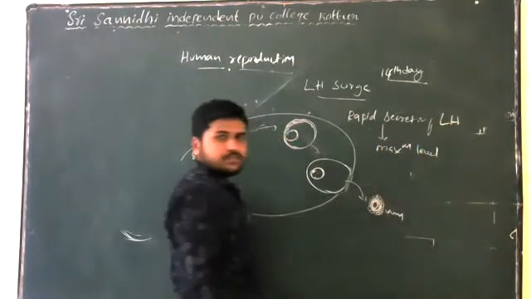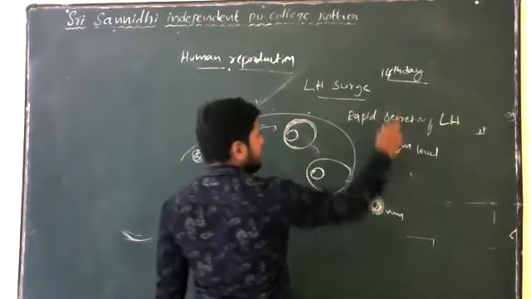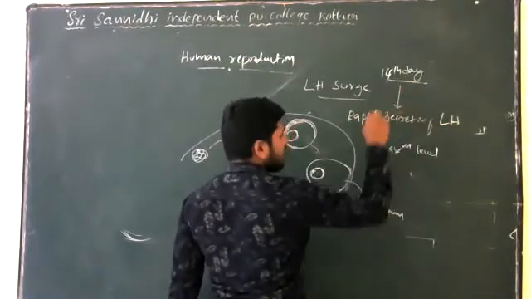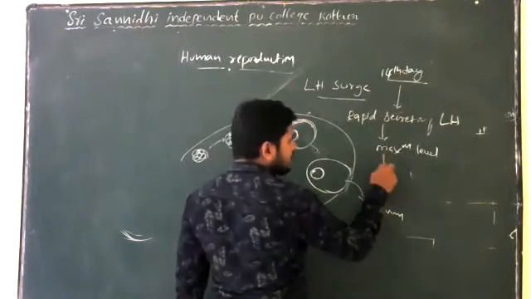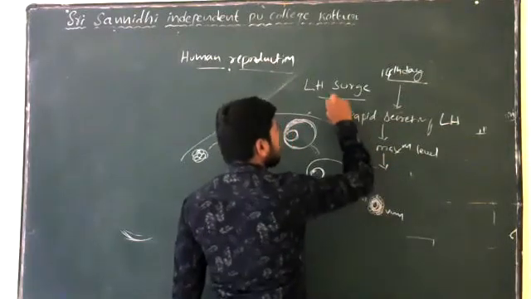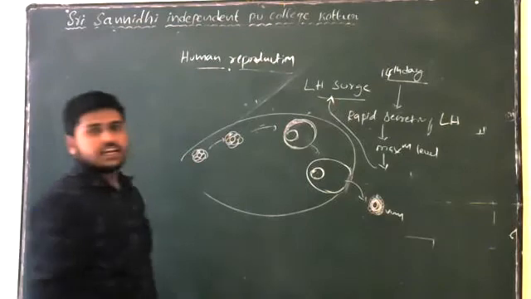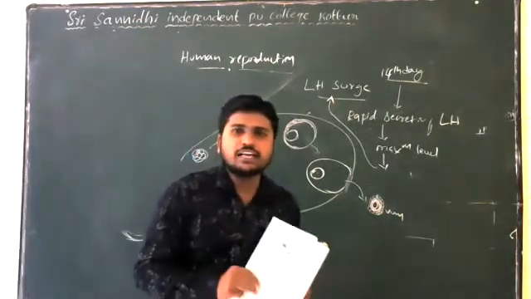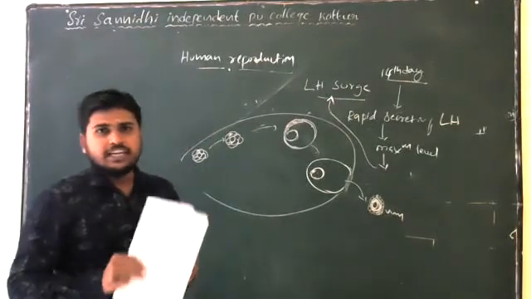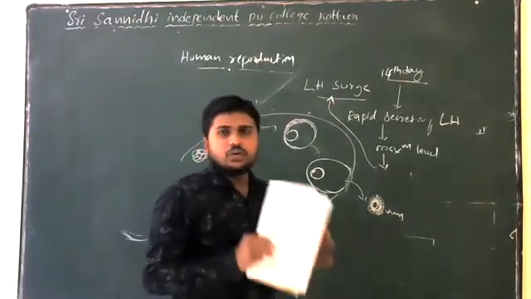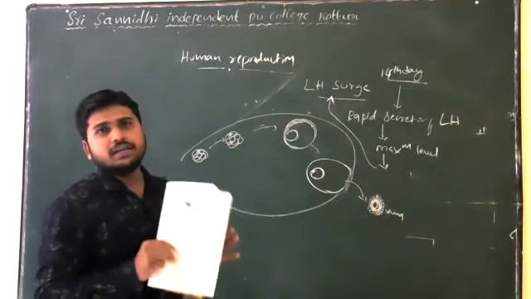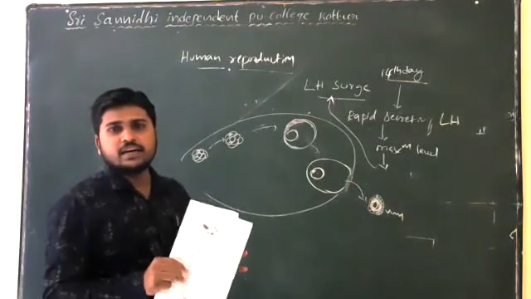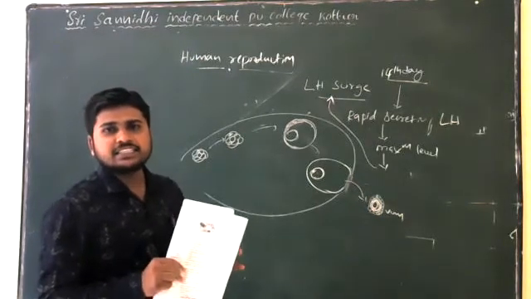Remember, exactly at the 14th day of the menstrual cycle, that is what we call LH surge. Rapid secretion of luteinizing hormone leads to its maximum level during the 14th day or mid-day of the menstrual cycle. What we call as LH surge.